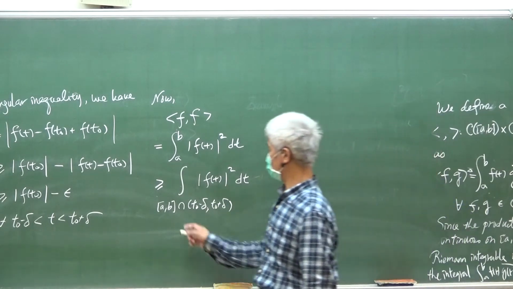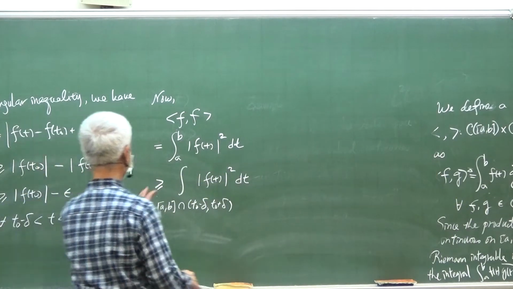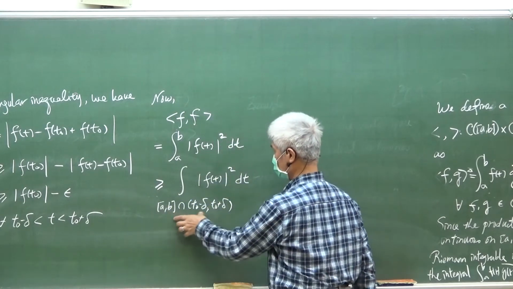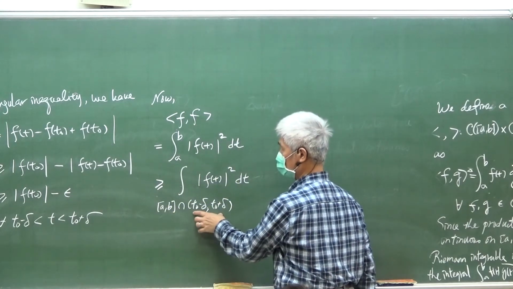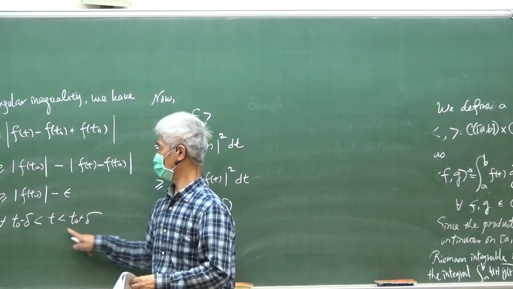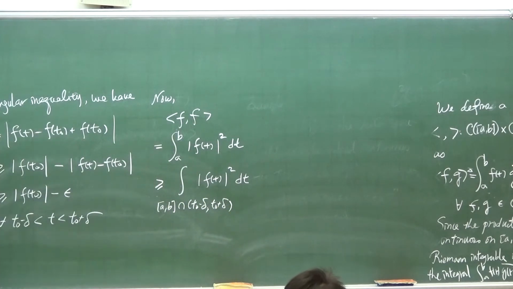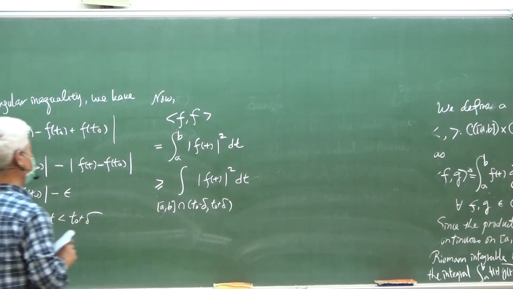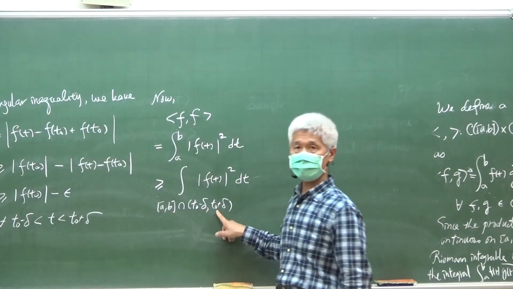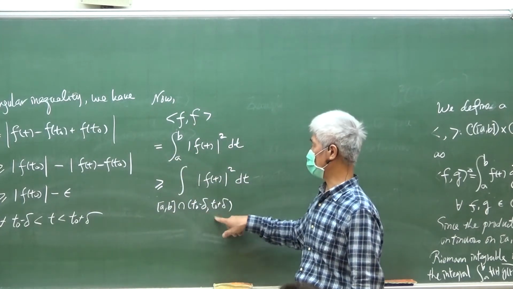So we restrict ourselves to this open interval intersected with [a, b], because this is never empty. Okay.